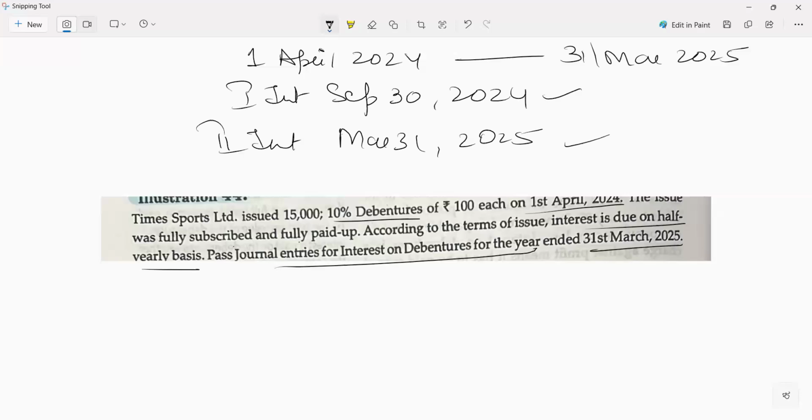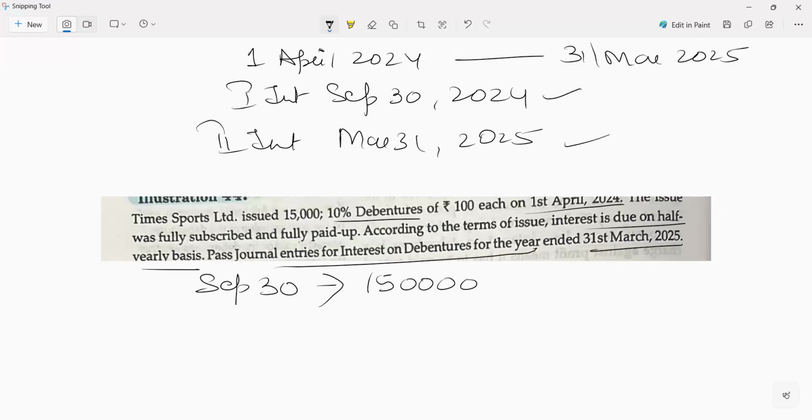Now we have to calculate this interest. See how to calculate the interest for September 30th. What is the amount of debentures? 15,000 debentures of rupees 100 each, so 15,000 multiplied by 100.